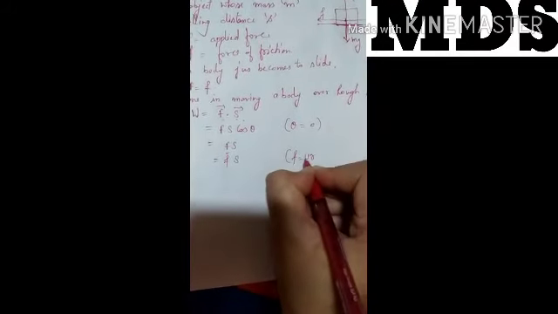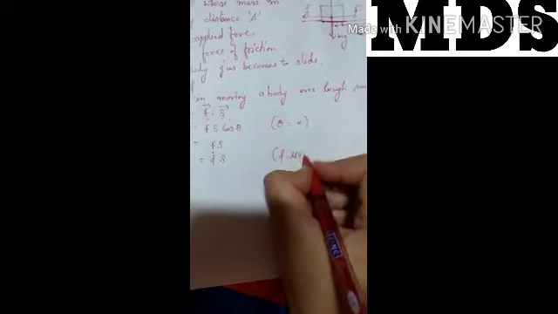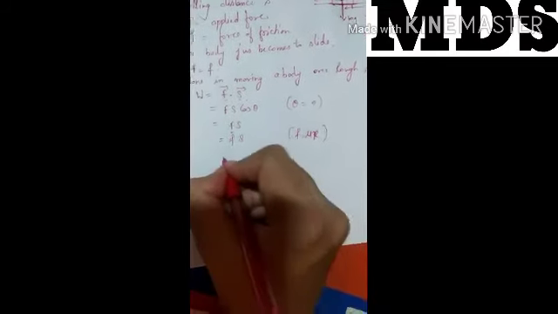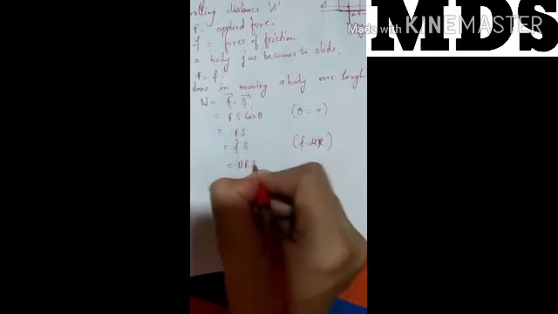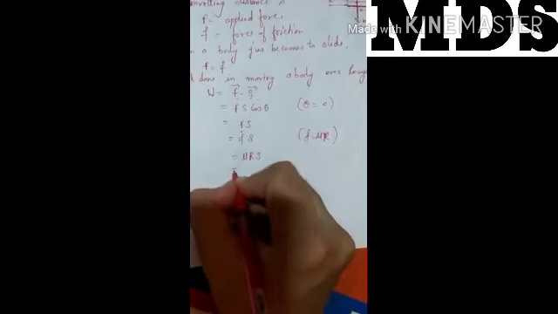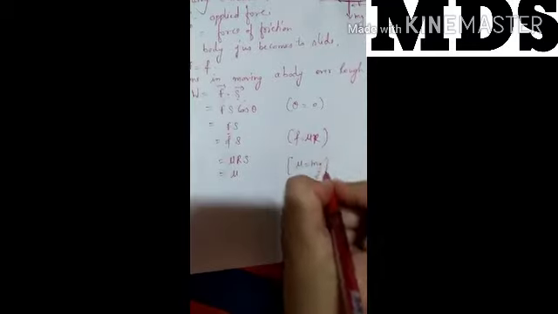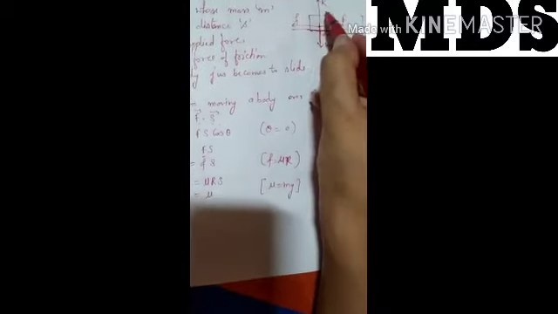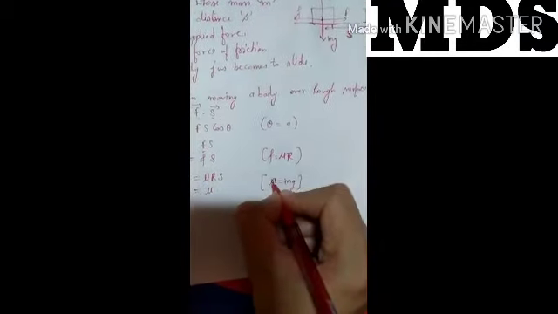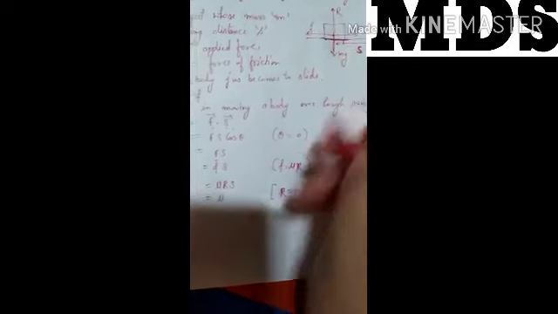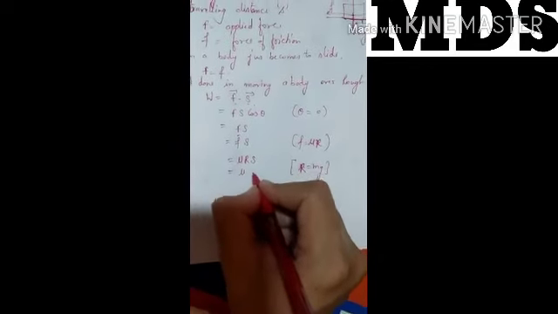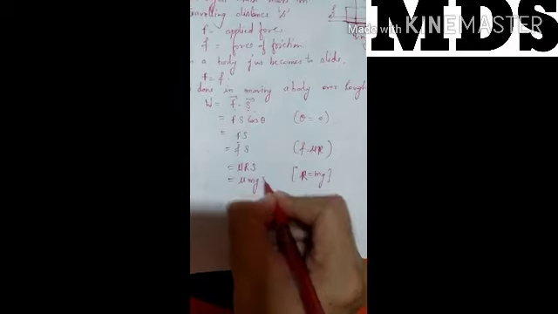Clear? Then here we can write friction times s. Friction, as we know, is mu R, the normal reaction, so we can write mu R times s. Since R is opposite to mg, R equal to mg, so the work done is mu mg s. Clear now?